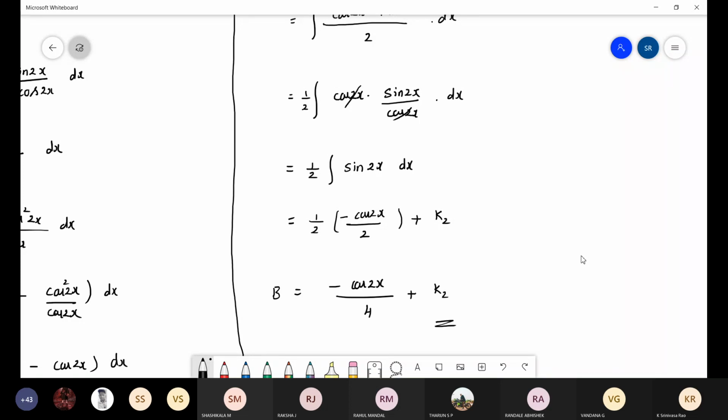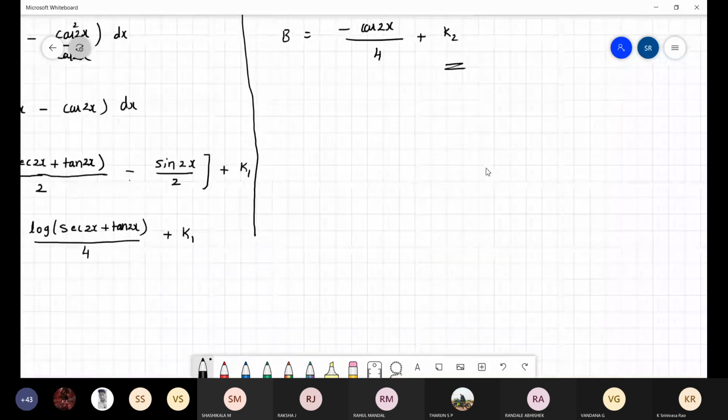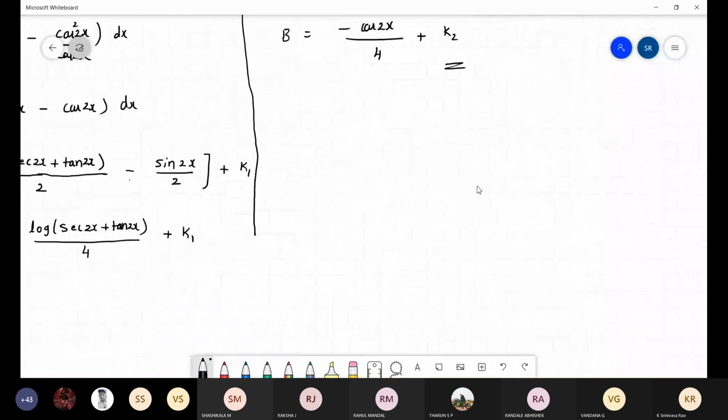So this is a and b. So finally y equals, therefore, y equals au plus bb. So just you write it. Therefore, the complete solution you can write: y equals au plus bb.